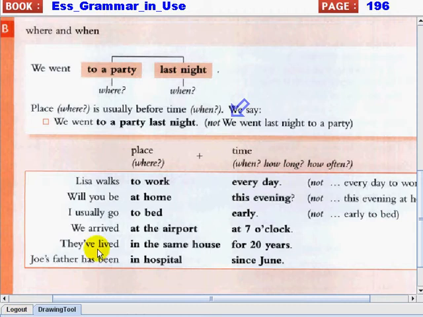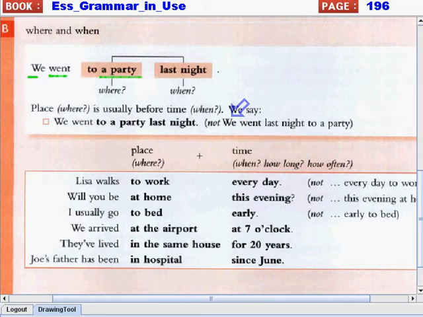We can see here that we have the subject we, and the verb went, and then our object to a party. Now, where did we put where? Yes, you're right. We placed it here.